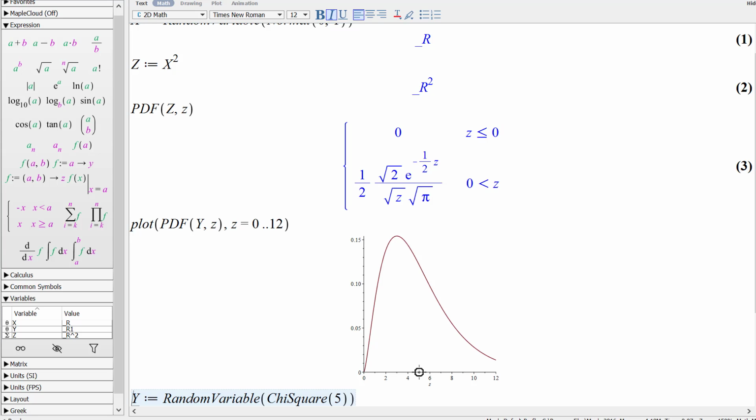The expected value is right here, and that's the center of gravity for this distribution. And the principle is simply that if you increase the degrees of freedom from 5 to something higher, then the distribution will look more like this instead. The maximum will be shifted to the right and it'll be a little bit more skewed to the right.